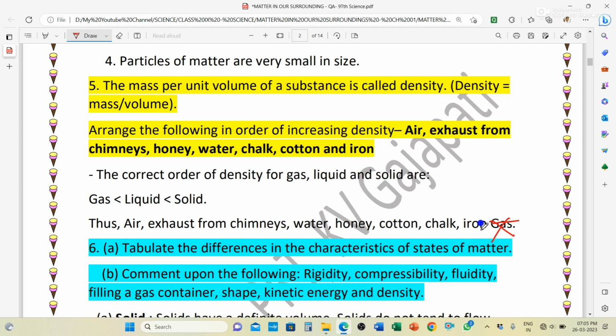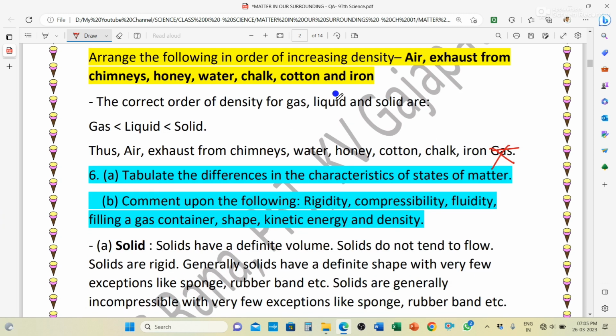Iron has the highest density among all these things, and air has the lowest. So in ascending order it will be air, then exhaust from chimneys, then water, then honey, then cotton, then chalk, then iron.